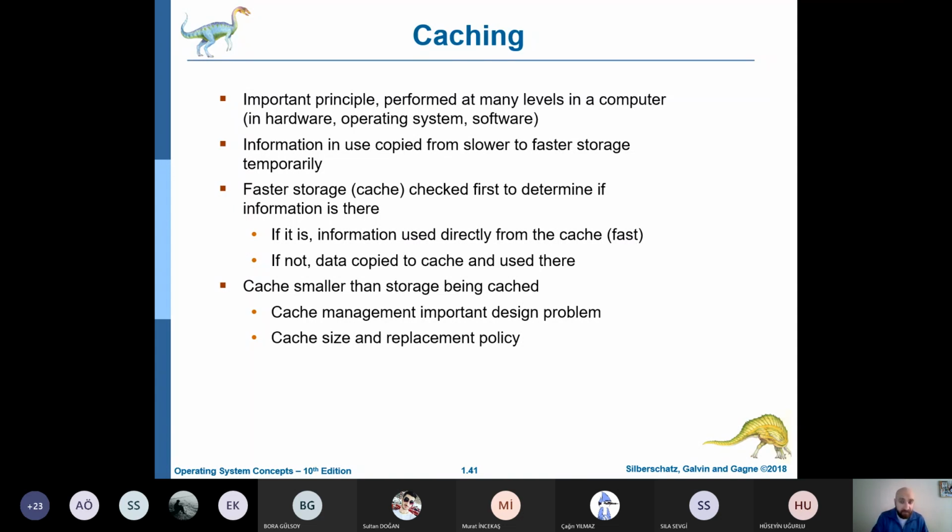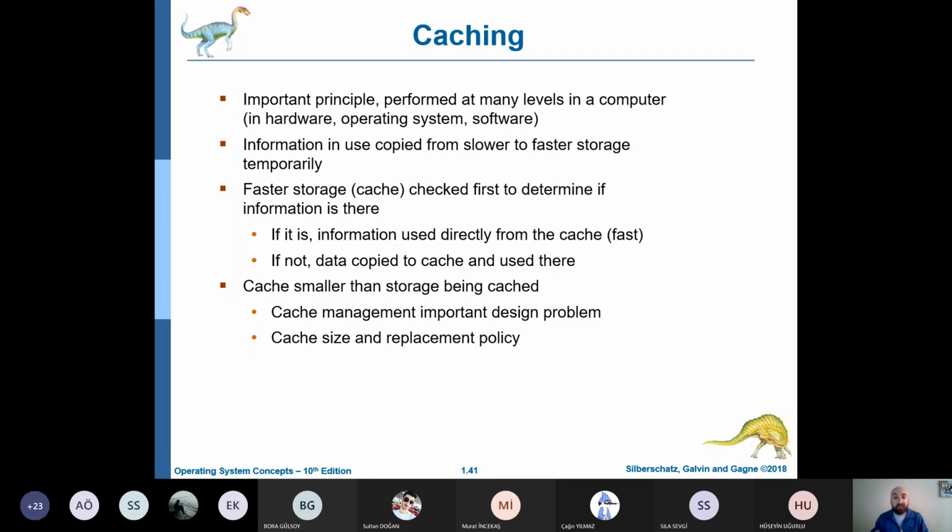When we need a particular piece of information, we first check whether it's in the cache or not. If it is in the cache, we can use the information directly from the cache. If it's not, we use the information from the source and put a copy of that source in the cache under the assumption that we are going to need that data again.